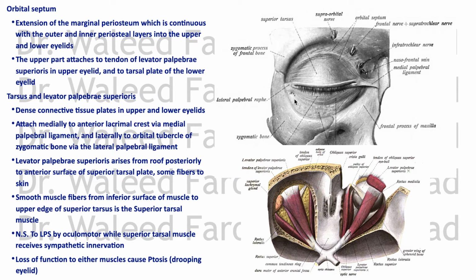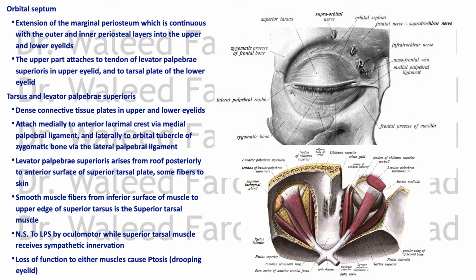Okay, this is the orbital septum. Of course, it has to be pierced by structures going to the outside, like the supratrochlear, supraorbital and infratrochlear nerves and vessels, to supply the outside areas.